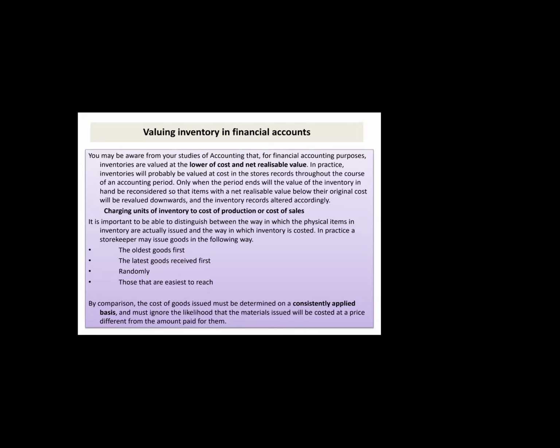By comparison, the cost of goods issued must be determined on a consistently applied basis and must ignore the likelihood that the material issued will be costed at a price different from the amount paid for them. Here is an example.